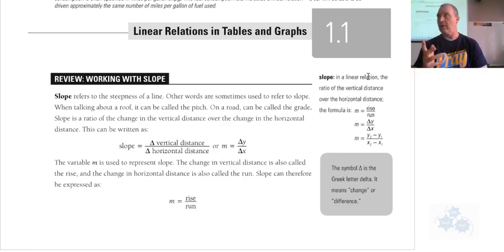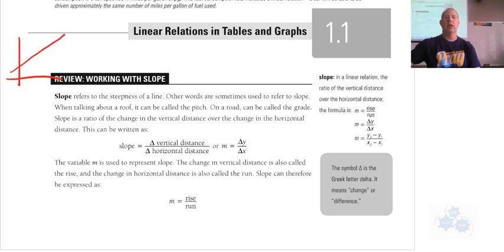You guys know about slope. We've learned about slope. So let's just review slope. When we're talking about the slope of a line, let's say we're talking about this line right here. The slope can be calculated by taking the vertical distance, or the change in y values between any 2 points. So this right here is change in y, and dividing that by the corresponding change in x.